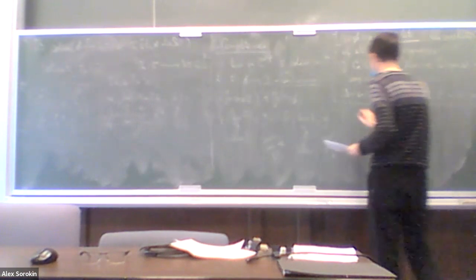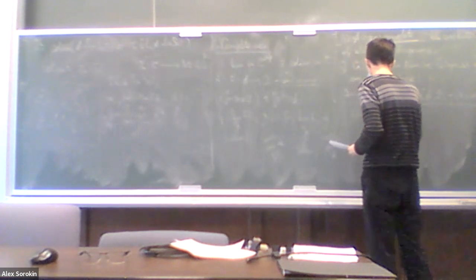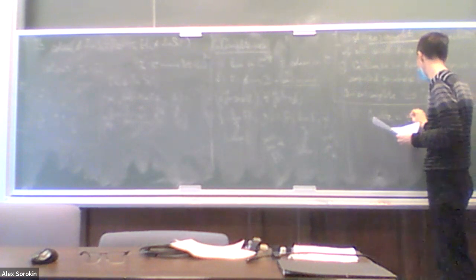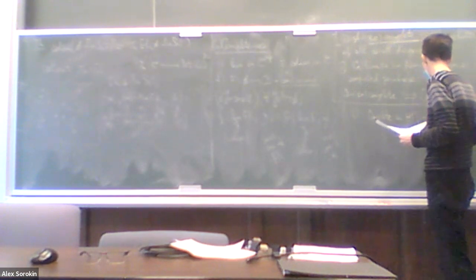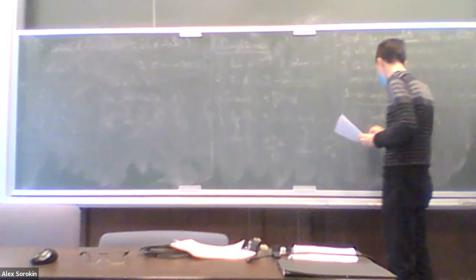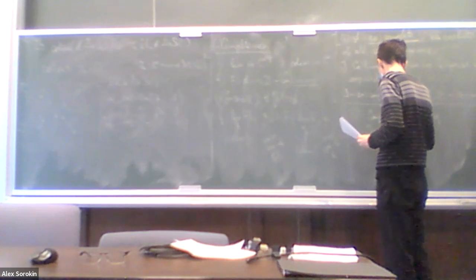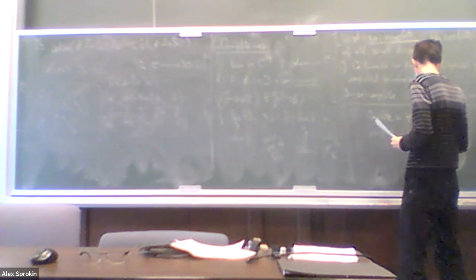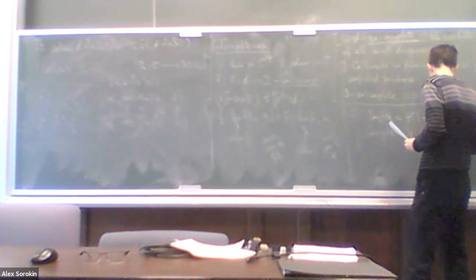So what does it mean to be complete? Complete is the same as arbitrary products plus equalizers. Co-complete equals arbitrary co-products plus co-equalizers.